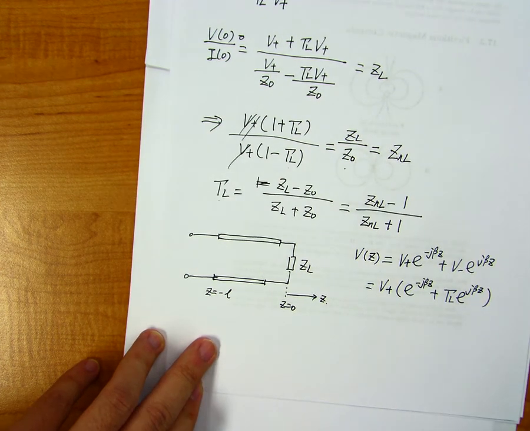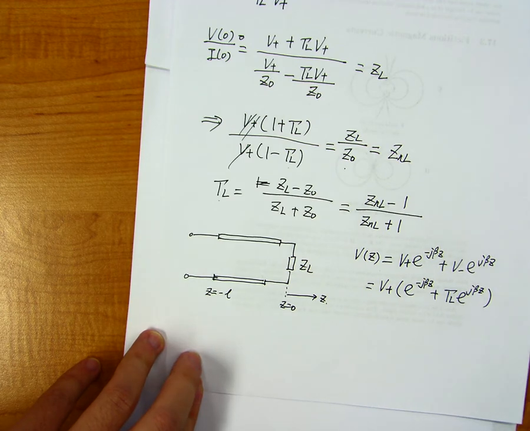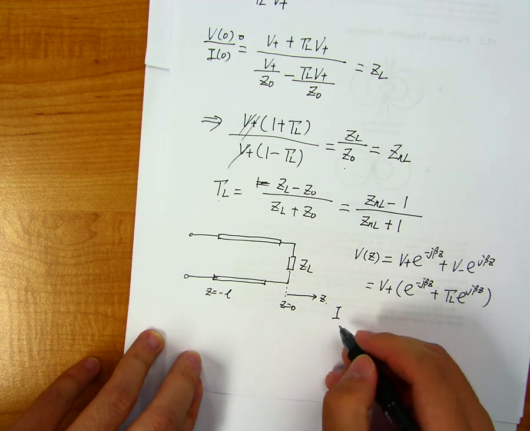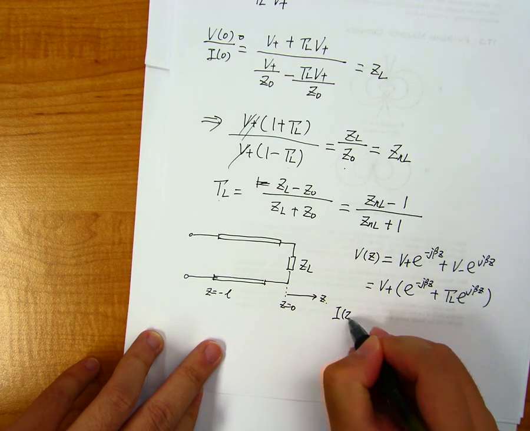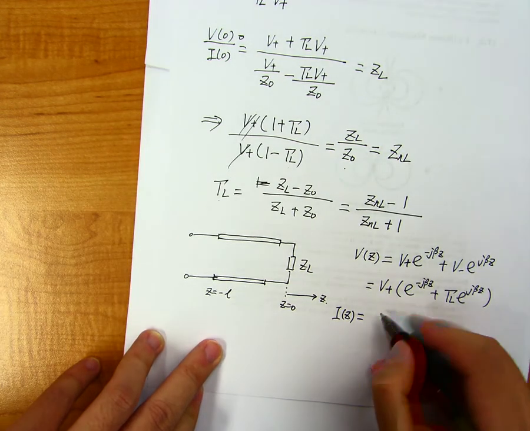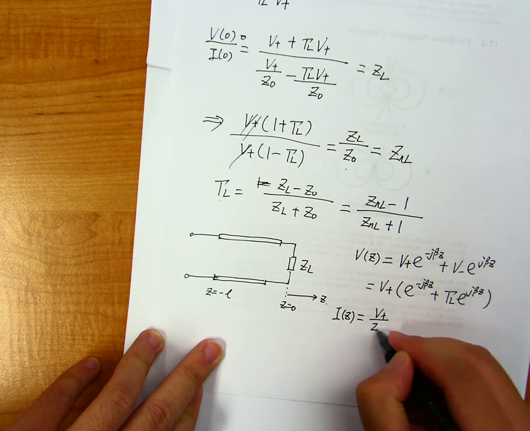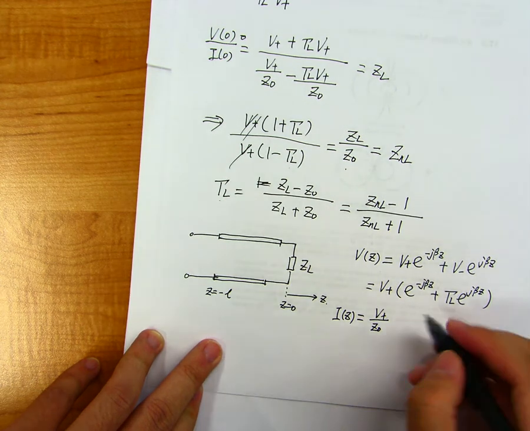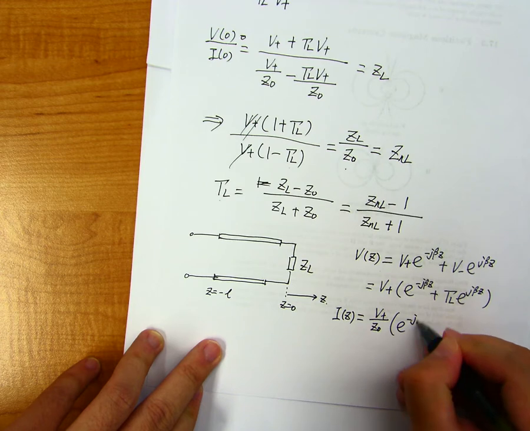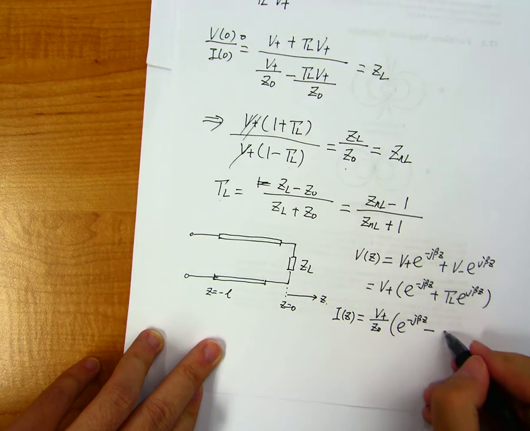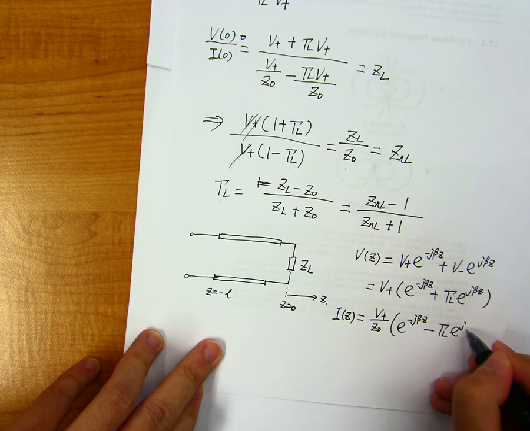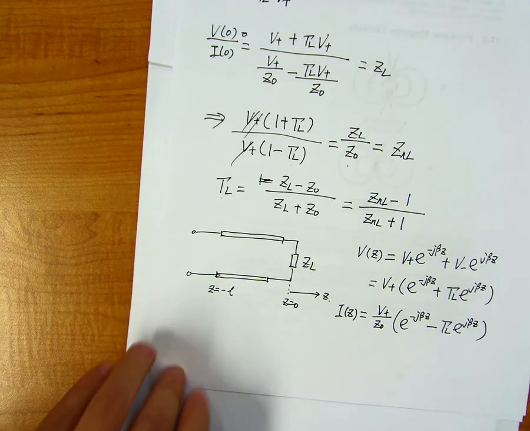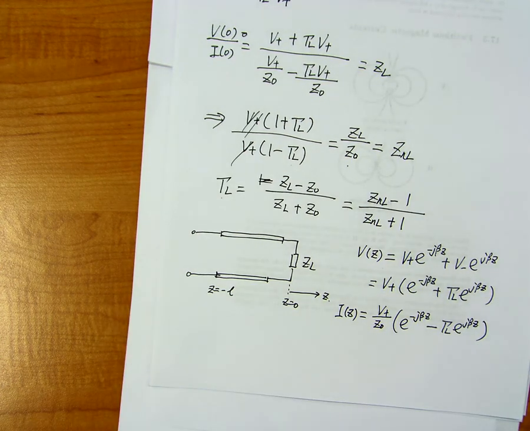So now we have the linear superposition of the right traveling wave and the reflected left traveling wave. Okay? So similarly, we can write down the expression for the current I of z to be V plus over Z naught times e to the negative j beta z minus gamma L e to the j beta z. Right? Okay? So any questions so far?